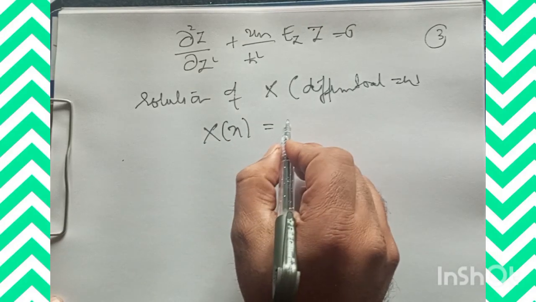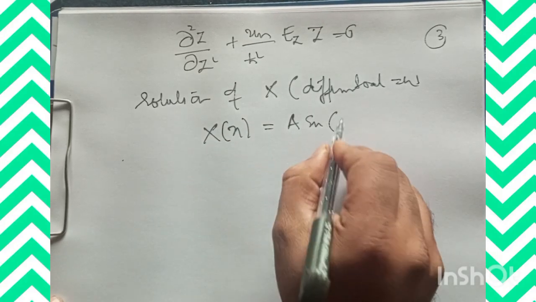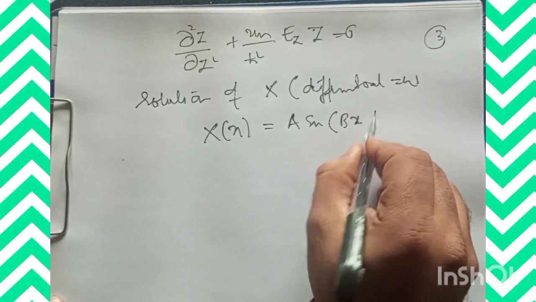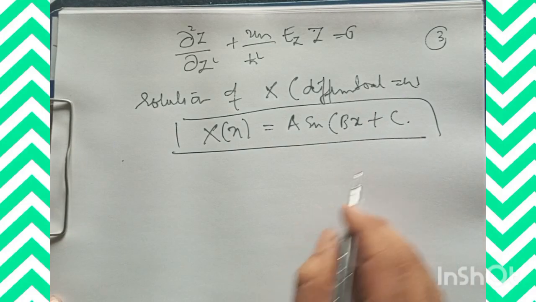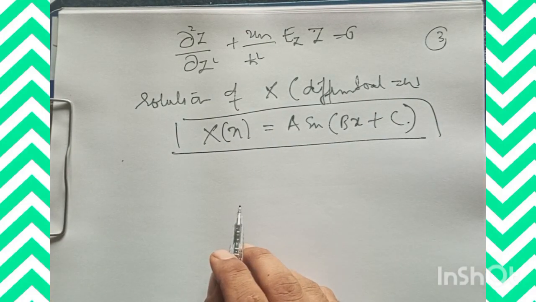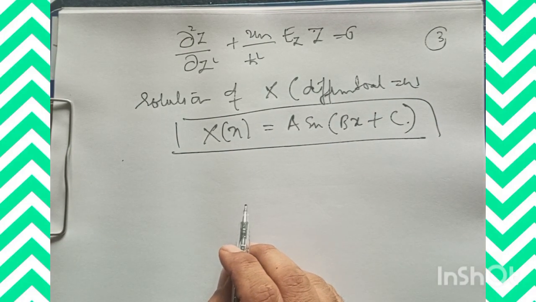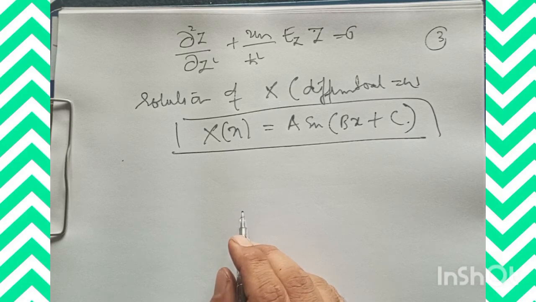X of x is equal to, say, a sine of bx plus c. Now, this a, b, and c are constants, and we have to evaluate their values using boundary conditions and using normalization.